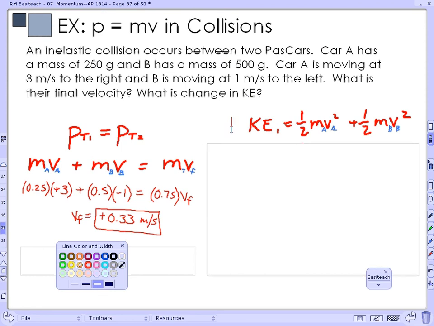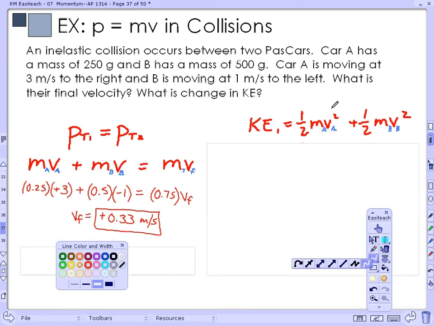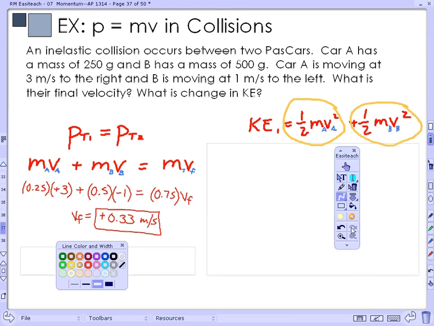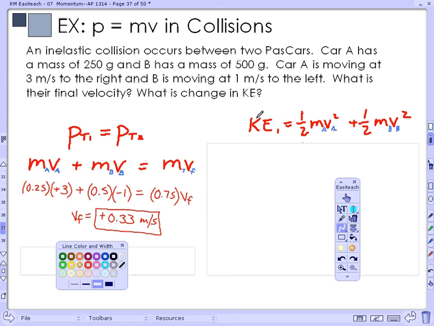Be careful. We are not adding up the masses and adding up the velocities and calculating kinetic energy once. Do each one individually. You may think it's mathematically the same, and it is not. Calculate the kinetic energy of A, the kinetic energy of B. Is kinetic energy a scalar or a vector? Scalar.